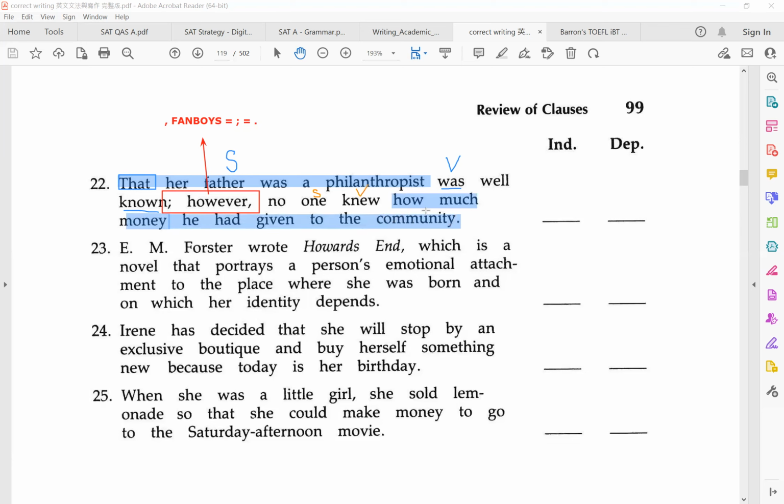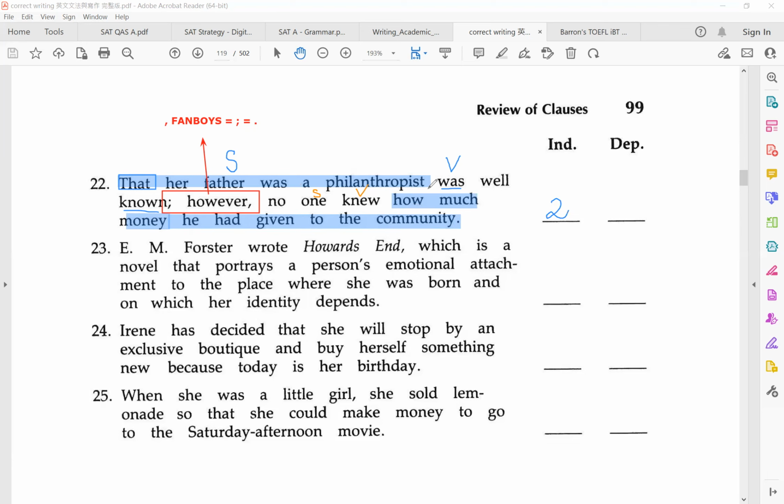Okay, so now in this case, we have two independent clauses because there's a semicolon. So you need at least two independent clauses, right? So we can write two. And how many dependent clauses do we have? Well, first we have a noun clause that is serving as the subject.